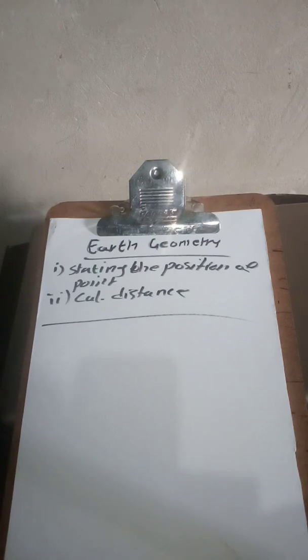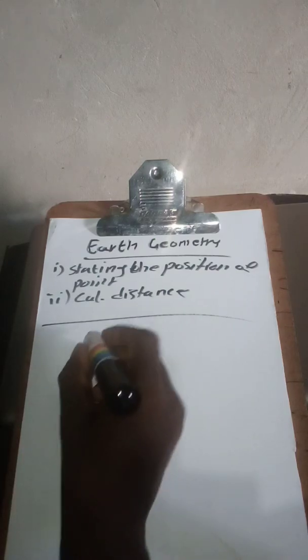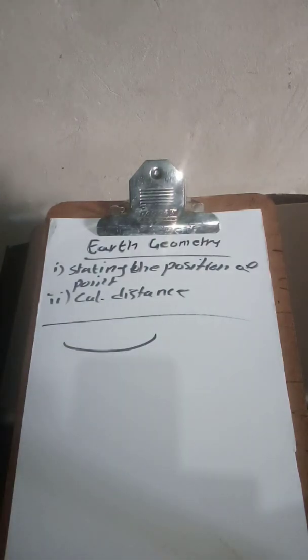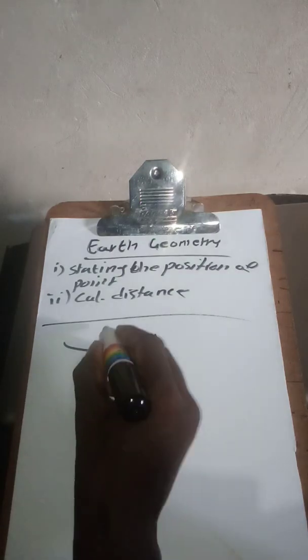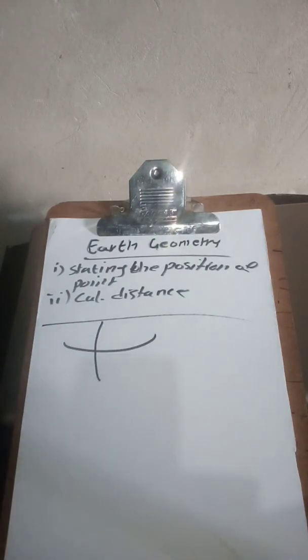Before you do that, one thing that we need to keep in mind is this: on the Earth's surface we have latitudes, they are horizontal, then longitudes, they are more vertical.